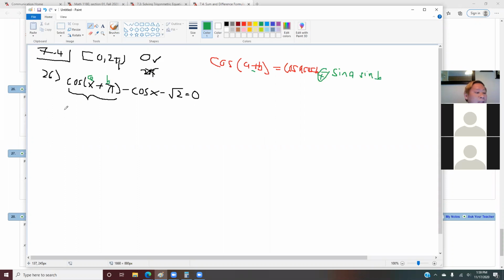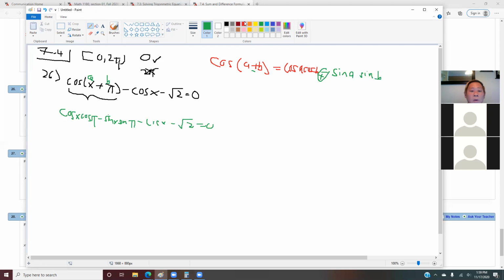So in this case, this is cosine X cosine pi, because it's cos. Plus becomes minus, sine X sine pi. And then I just rewrite the rest of it, minus cosine X minus √2 equals to, this is just rewrite.